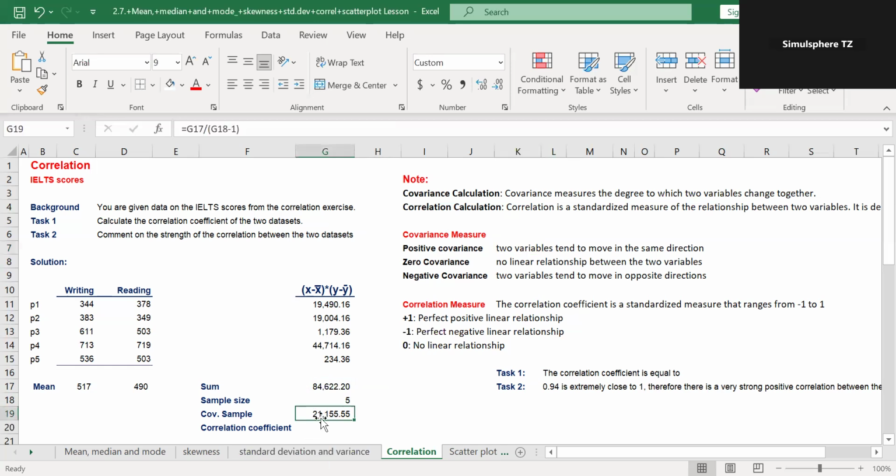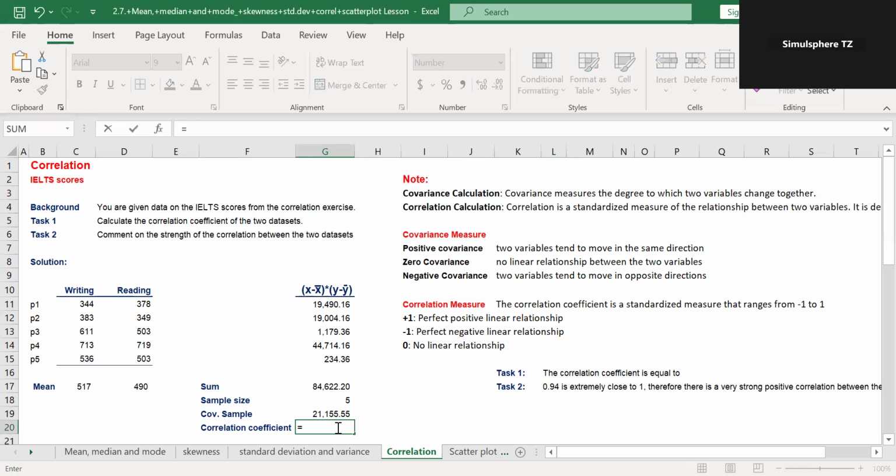Our number is positive, and it simply indicates that our two variables are moving in the same direction. Whenever anybody passes writing, they would pass reading, and whenever anybody passes reading, they would pass writing. So there is a strong covariance relationship between writing and reading, using this 5-man sample.